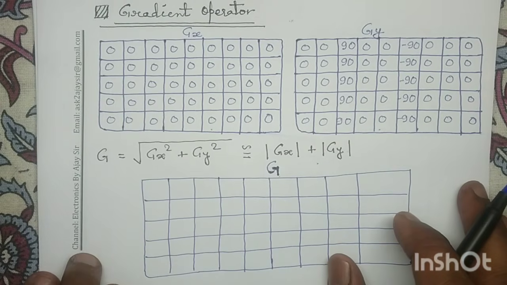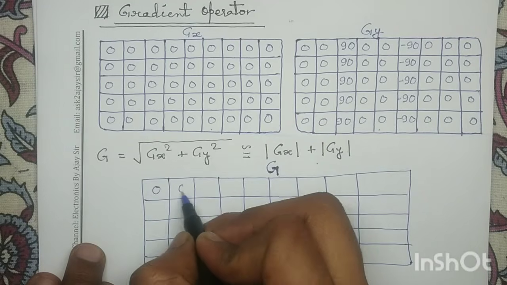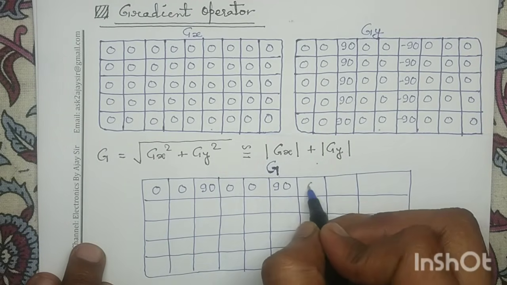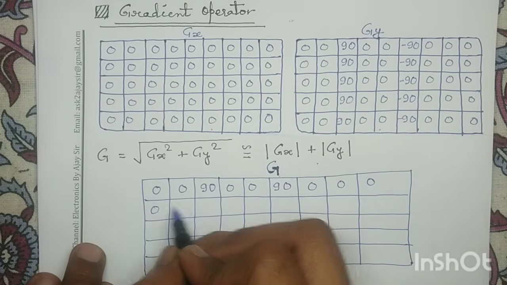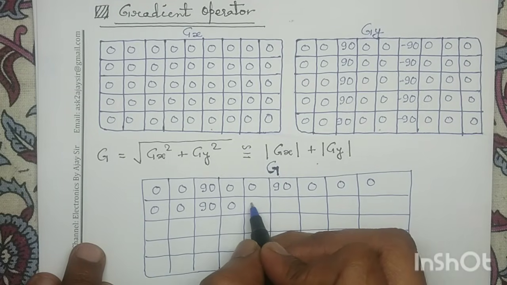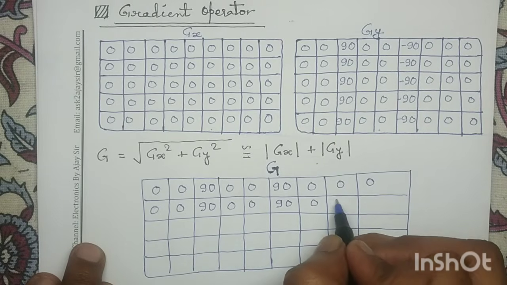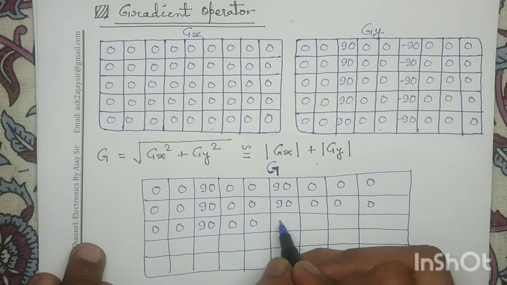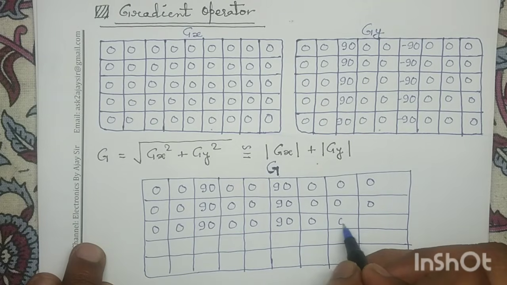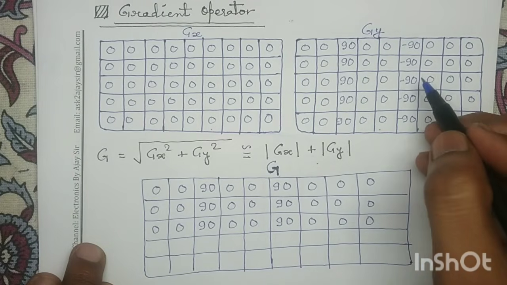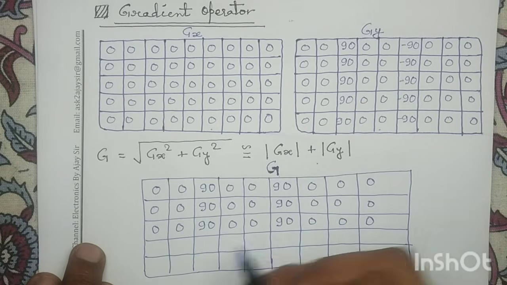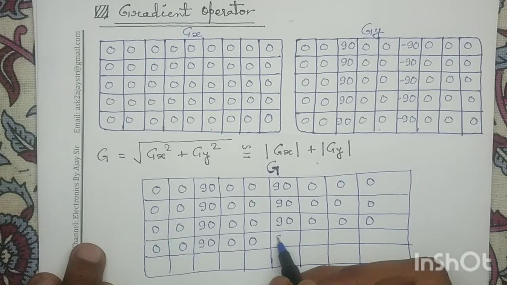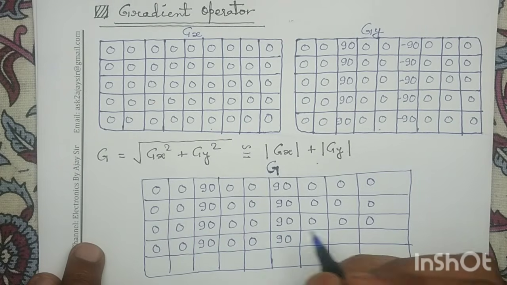So if you take the modulus of this Gy matrix, you will obtain the result, that is, the negative numbers in Gy will turn into positive in modulus of Gy, and hence we obtain this magnitude matrix of the gradient operator.